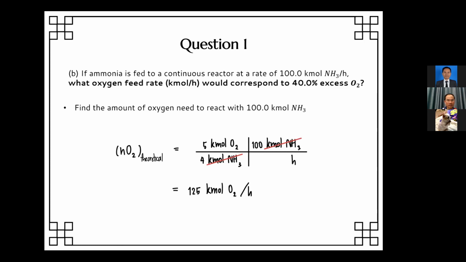So the amount of oxygen equals 5 kmol of oxygen over 4 kmol of ammonia multiplied by 100 kmol of ammonia per hour. We do the conversion and the answer is 125 kmol of oxygen per hour.